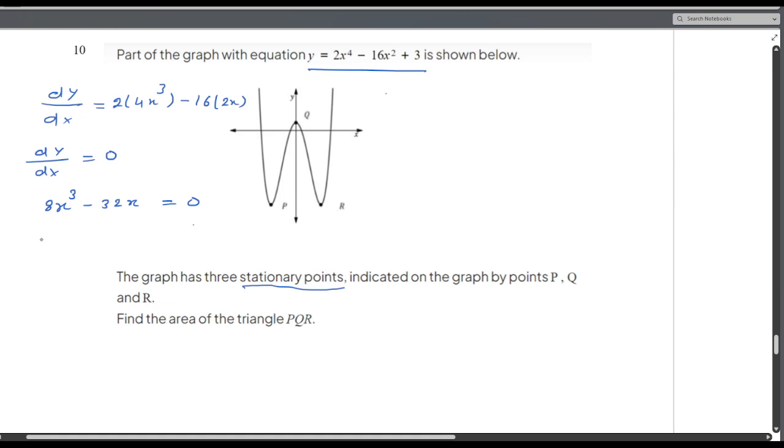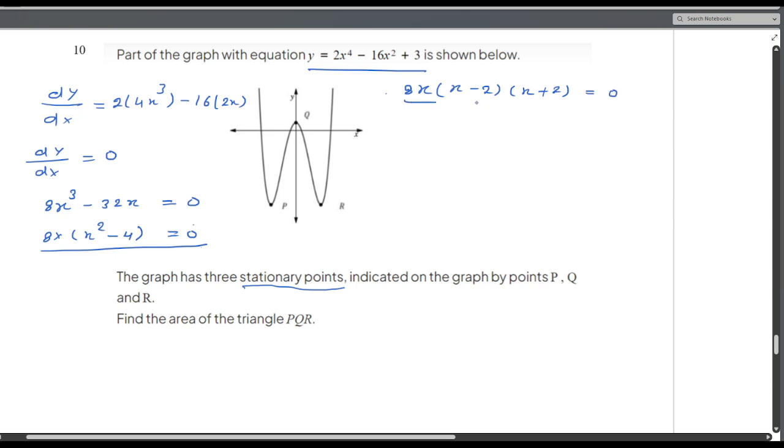Here you can take 8x common. So it is x square minus 4, because 8 fours are 32, equal to 0. So this can be written as 8x, then x square minus 4, which is x minus 2, x plus 2, and this is equal to 0.